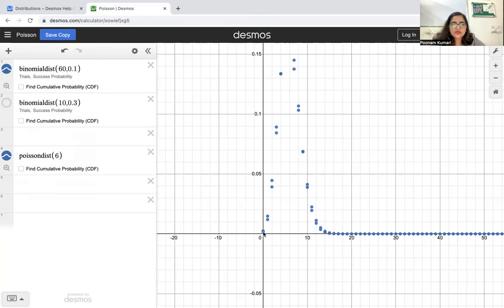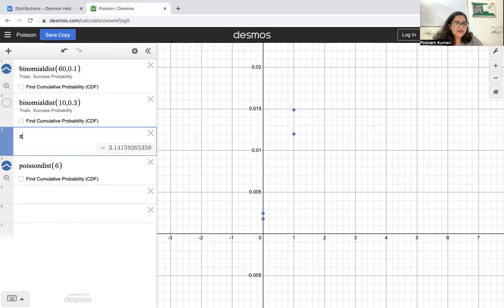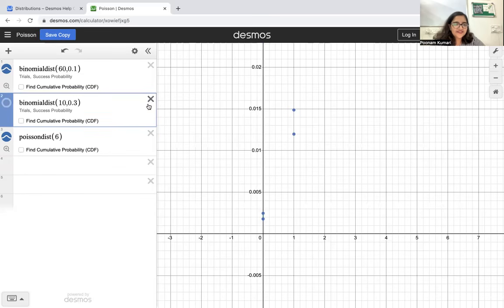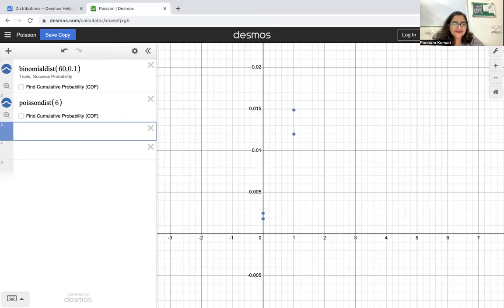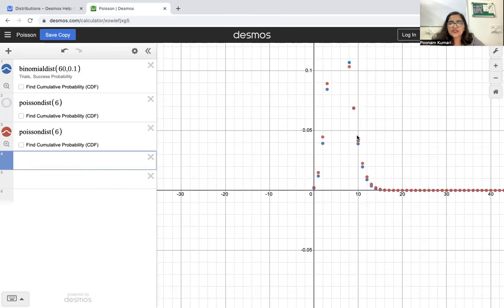Like these two numbers, they are very, very close, right? I should get a different color. Just a minute. Poisson dist 6. Okay, this is red. Great. Fine. All right. Can you see these two things?